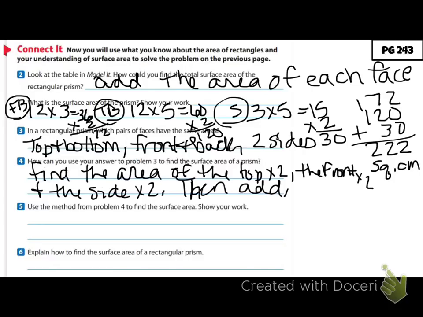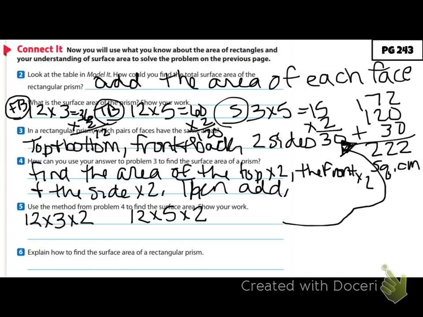Number 5, use the method from problem 4 to find the surface area and show your work. Well, we're going to do the same thing, so I'm just going to put an arrow right back up here. Because we did 12 times 3 times 2, and we did 12 times 5 times 2, and we did 3 times 5 times 2, which gave us this.